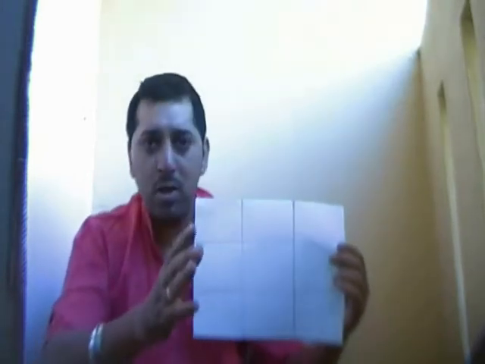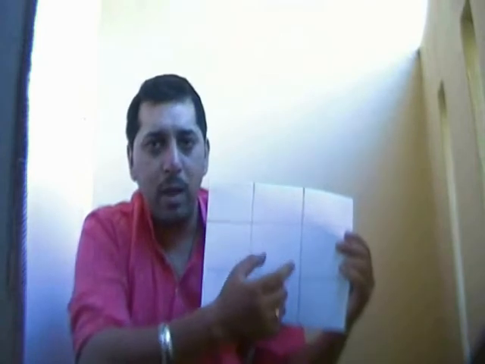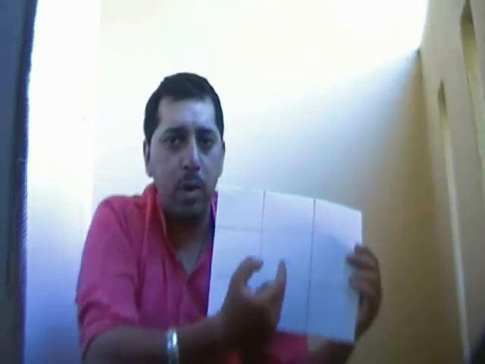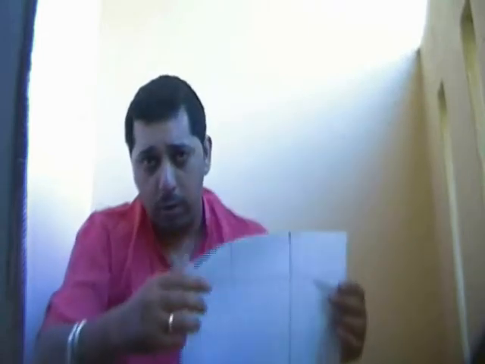Just go once and take a shot of a person or subject in the center, and then follow this rule and move that person to this line or this line, and take a shot. You'll come to know the difference. I'll show you one example also. Okay, you see this picture.